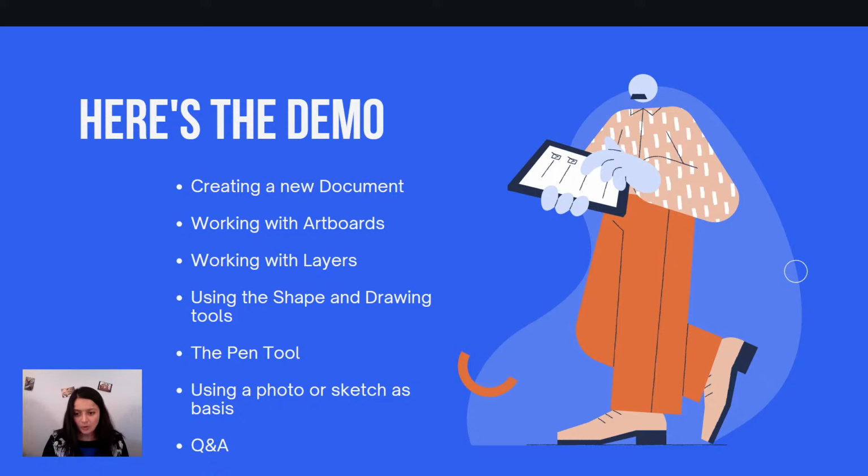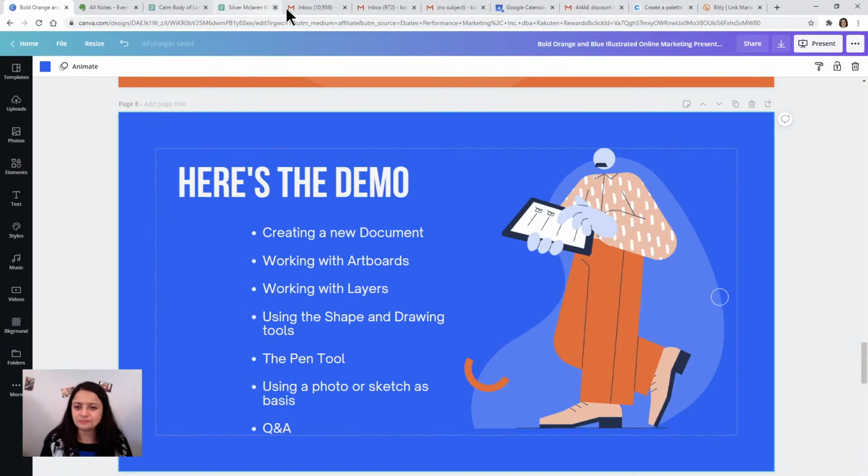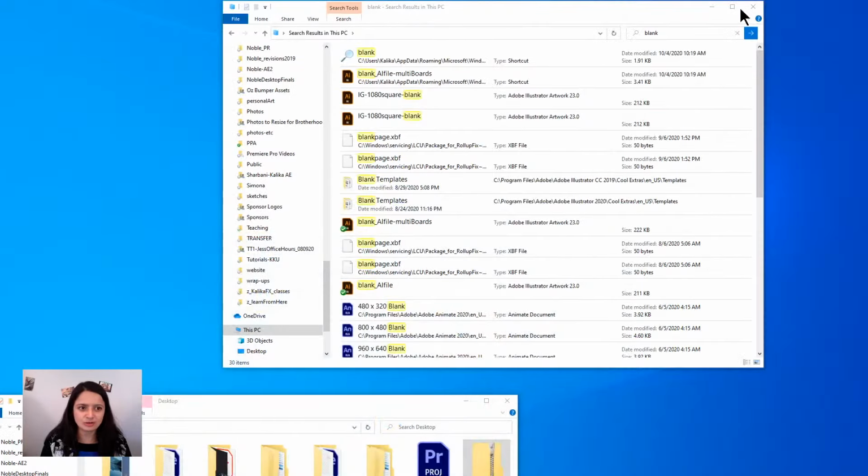Okay, so we're going to be working with creating a new document, working with artboards, working with layers, using the shape and drawing tools, the pen tool. And along the way, we're going to be using photos and sketches as a basis and a little bit of Q&A.